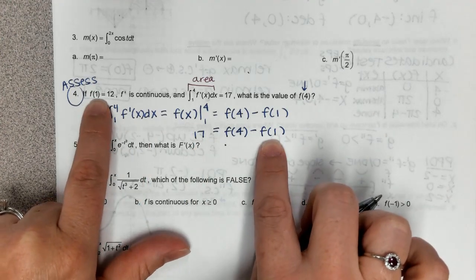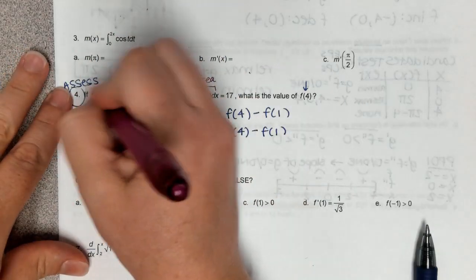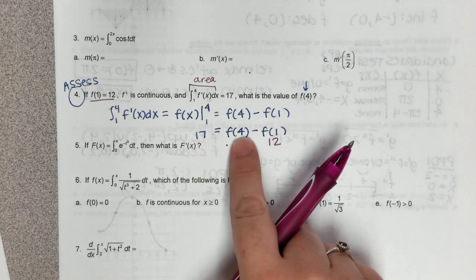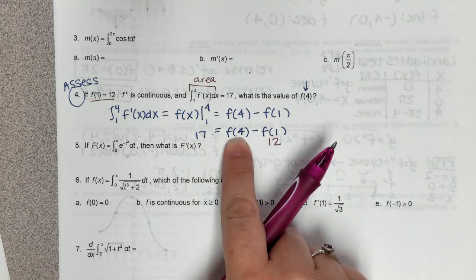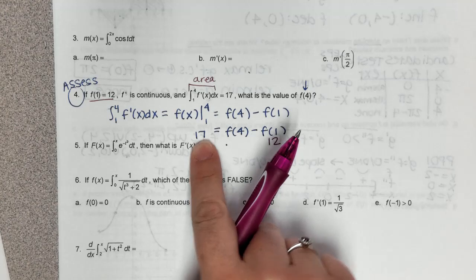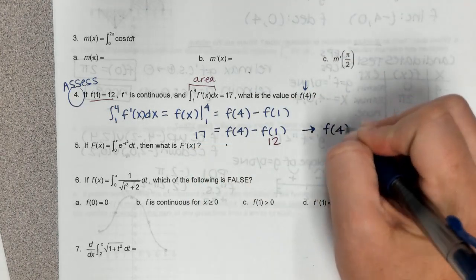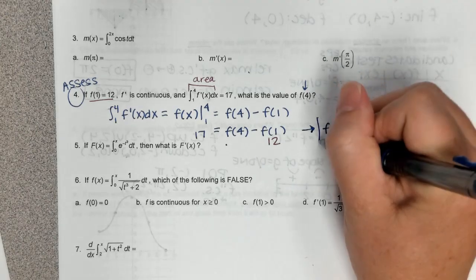Right here it says f of 1 is 12. So if I plug 12 in for that, 17 equals f of 4 minus 12. To get f of 4, I just add the 12 to the 17, making f of 4 equal to 29.